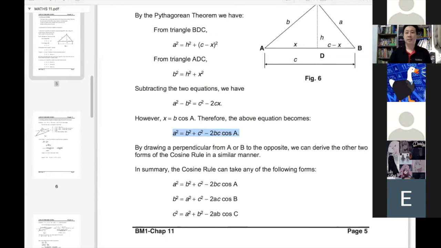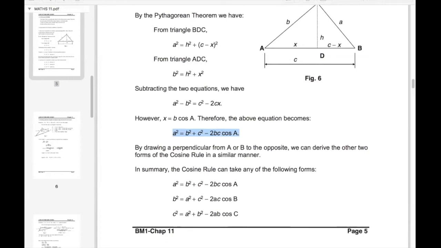All right, page 13. Let's try 13A. Can we start doing question 13A?